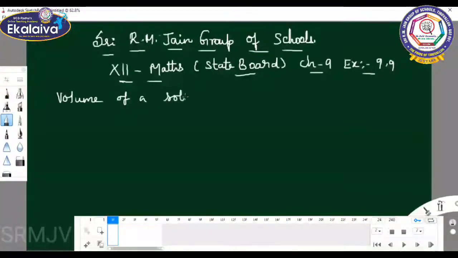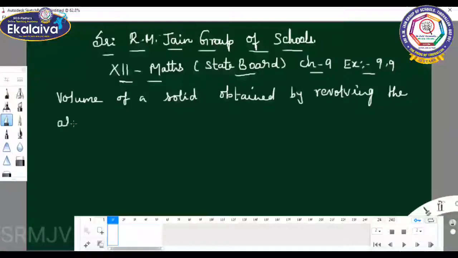Volume of a solid obtained by revolving the area about the x-axis, where the curve is y equal to f of x.